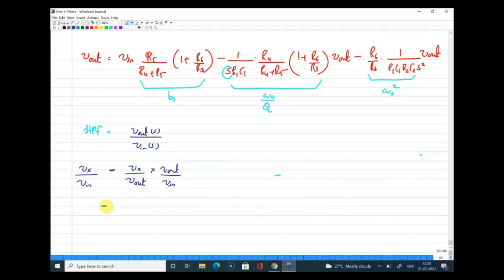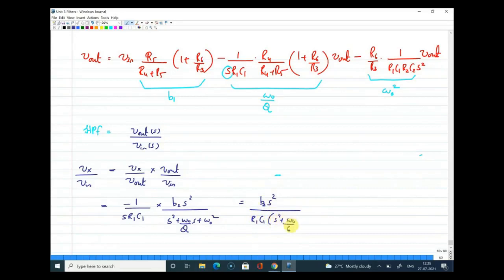If you look at the expression, I'll quickly do that. Vx by V in can be written as, what is Vx by V out? Vx by V out is minus 1 by S into R1 into C1 from the previous expression, into what is V out by V in? Whatever we have taken now, which is B2 S square divided by S square plus omega naught by Q into S plus omega naught square. If you look at this, it is same as B2 S square divided by R1 C1 into S square plus omega naught by Q into S plus omega naught square.